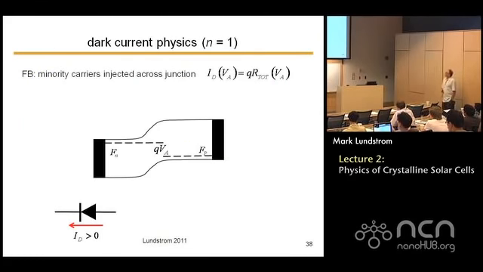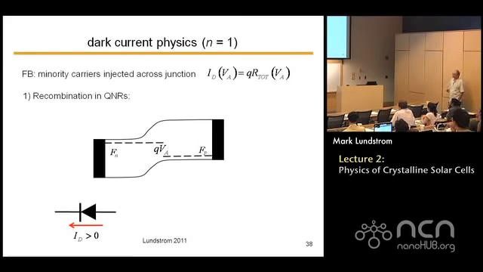All right, so let's talk a little bit about the physics. Why is the n current 1? I did this yesterday, so I'll just remind you. We can have recombination occurring in a couple of different places. It can occur in the neutral n or p-type region. Those regions are almost neutral, right? We injected a few excess carriers, but it's a small amount.